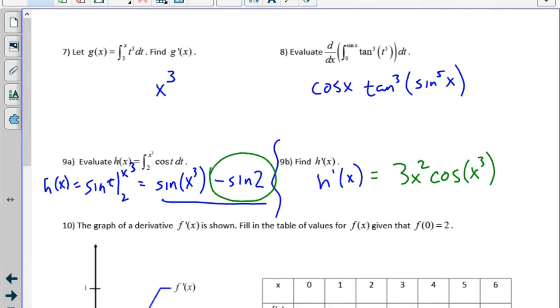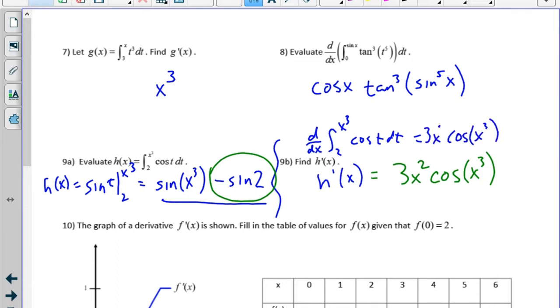If we didn't do all of this, we could have just done the fundamental theorem of calculus in order to get straight to part B, because the derivative with respect to x of the integral from 2 to x cubed of cosine of t dt would be just cosine of x cubed, and then we have the chain rule, which is 3x squared. So we could have got that a shorter way.